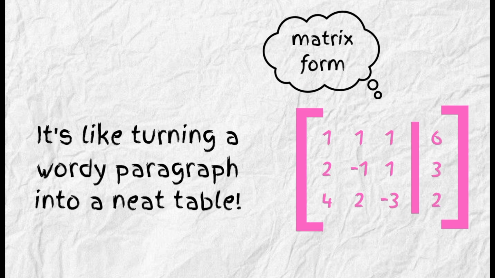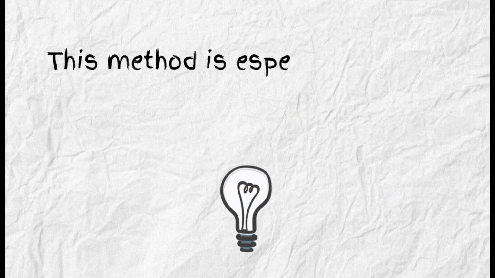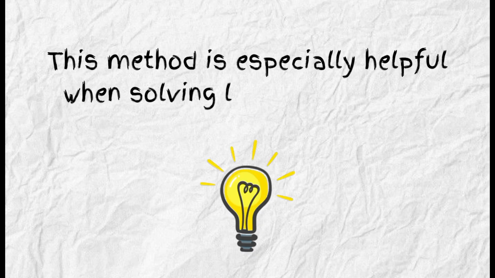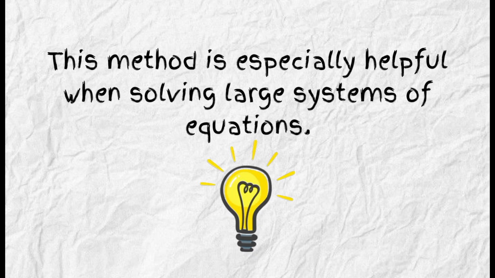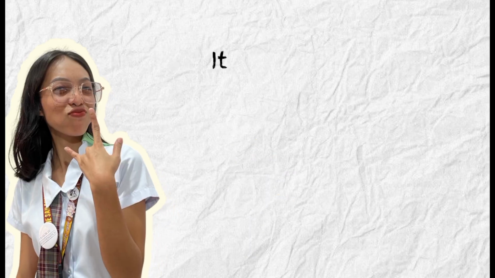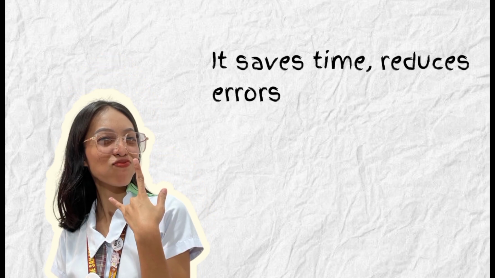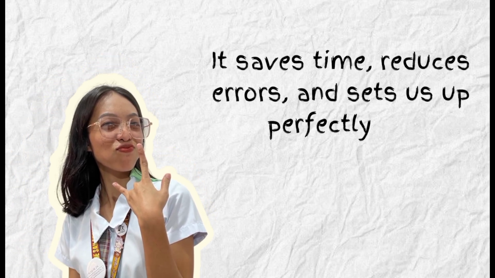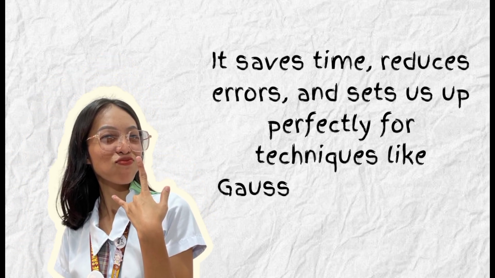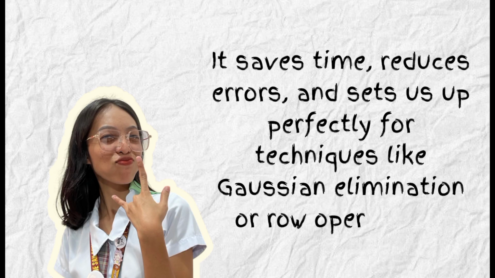It's like turning a wordy paragraph into a neat table. This method is especially helpful in solving large systems of equations. It saves time, reduces errors, and sets us up perfectly for techniques like Gaussian elimination or row operations.